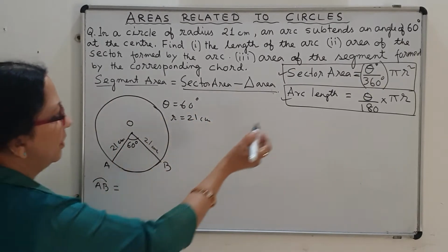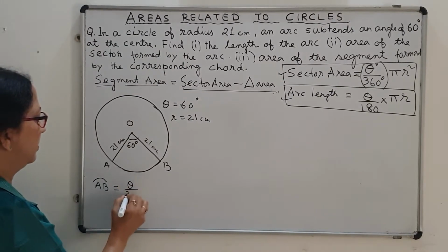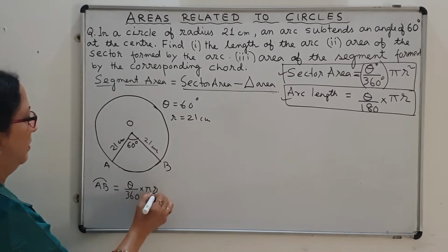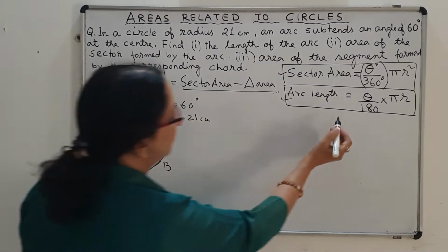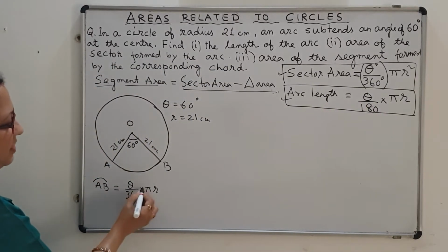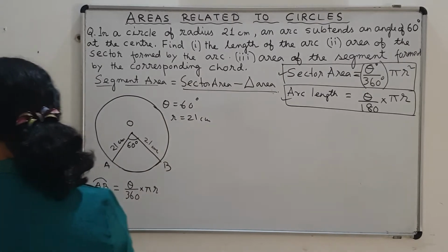So let me write down the formula again. Theta by 360 into pi into r. Sorry, here this is arc length, so theta by 180. If I take 360, it has to be 2 pi, then I take circumference. So here let me take 180 only.